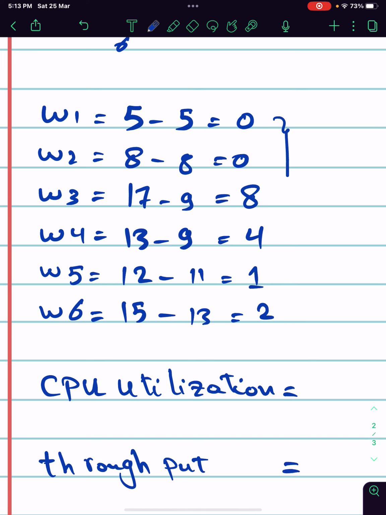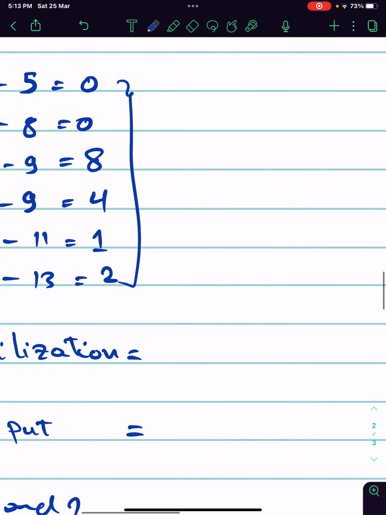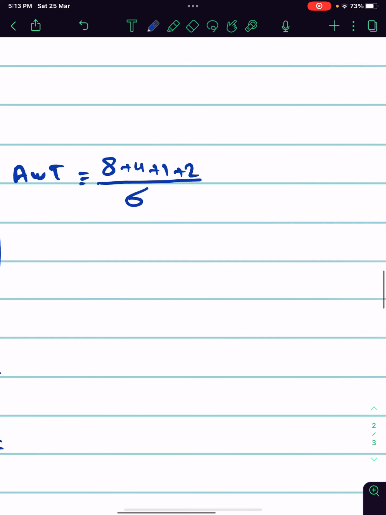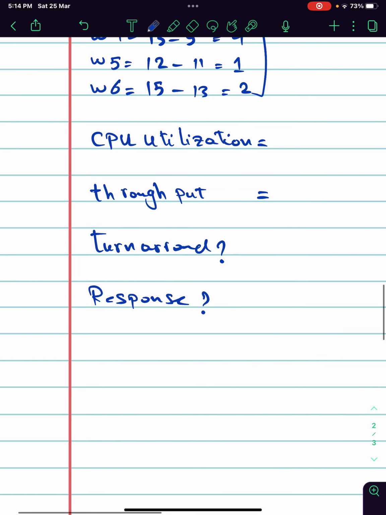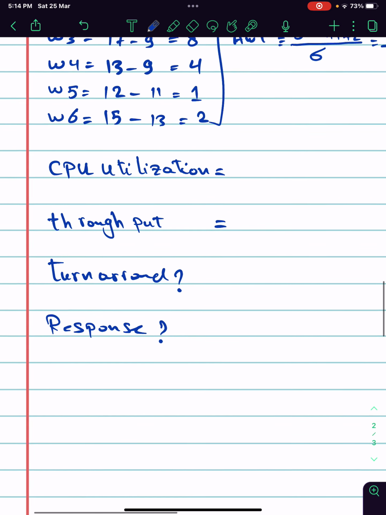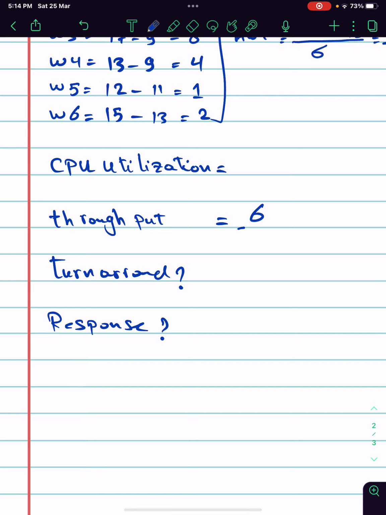So this means that the average waiting time equals 8 plus 4 plus 1 plus 2 divided by 6, which is going to be 15 divided by 6, that would be 2.5. And the throughput is going to be a 6 divided by the total time.